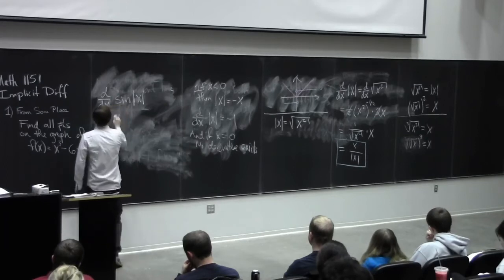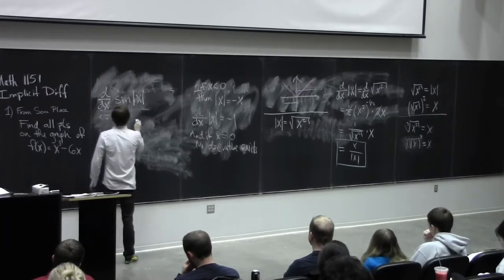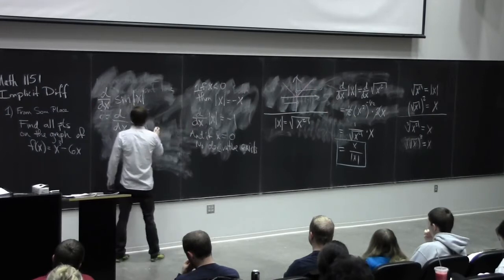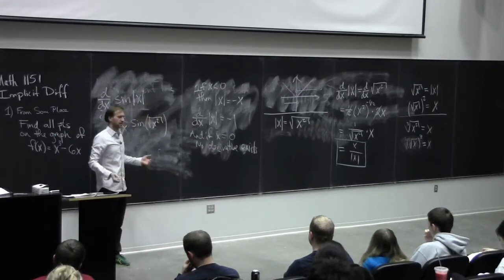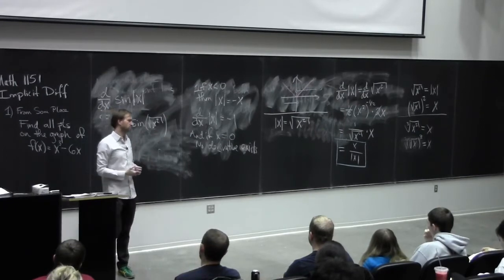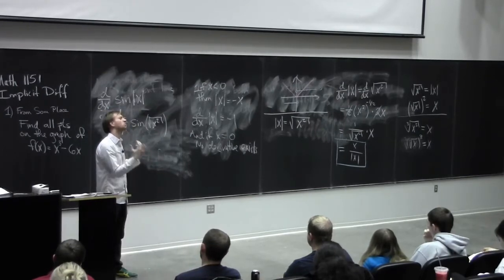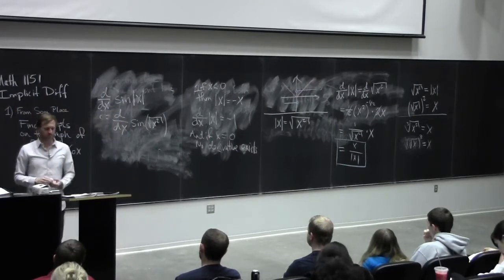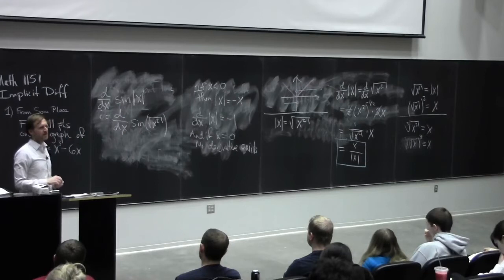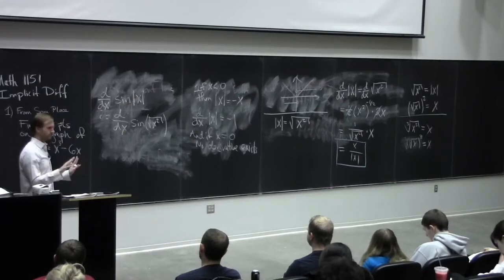You say this is equal to the derivative of sine of the square root of x squared. I think you use the chain rule. It's perfectly good. It's equal. It really is. Good?